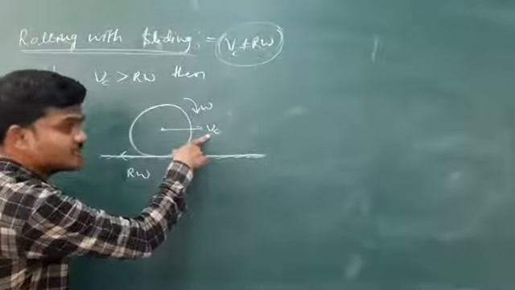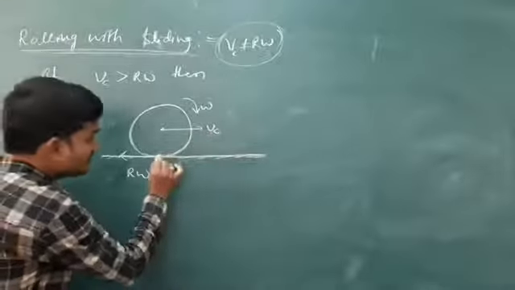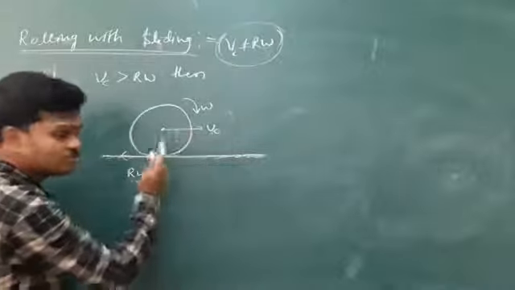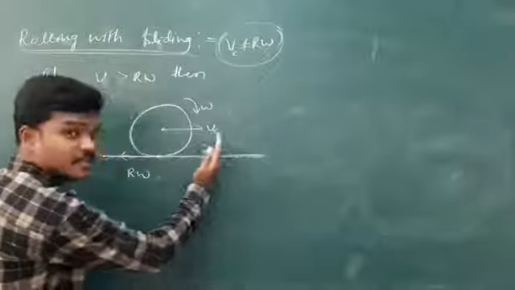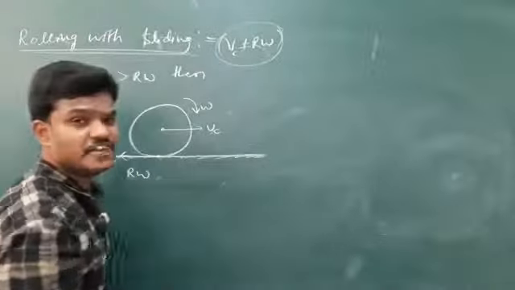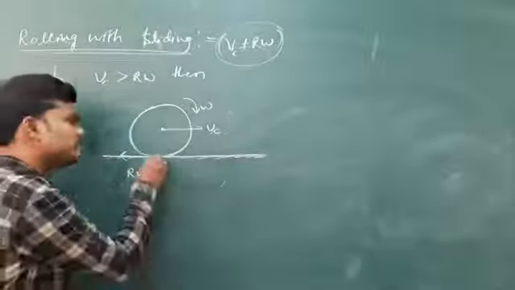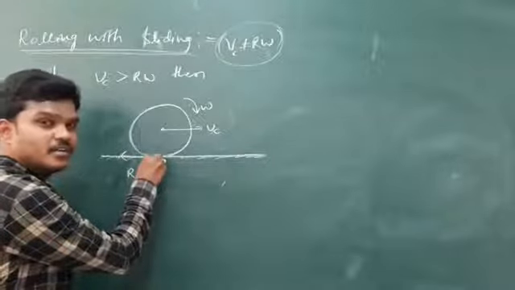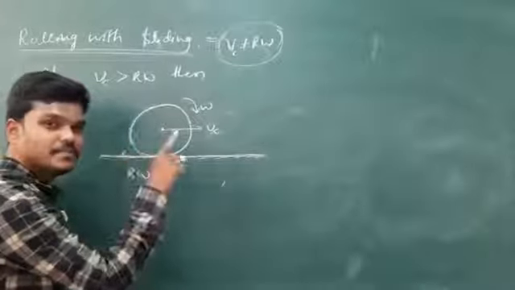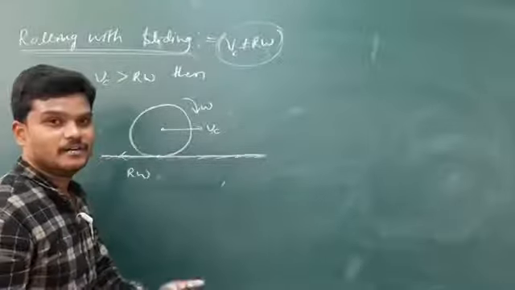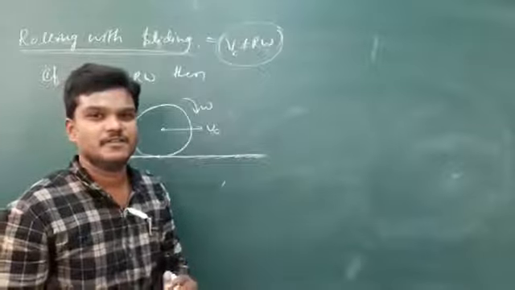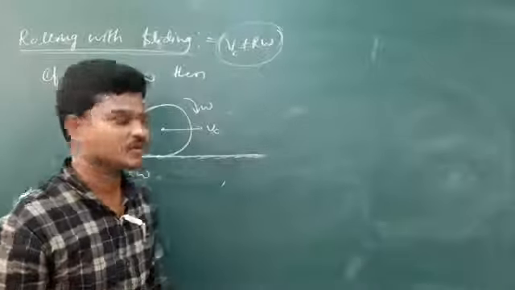If this translational velocity is more, then the point of contact will shift forward. In pure rolling, the point of contact remains the same. That's why there is no kinetic friction. The point of contact remains stationary in pure rolling, as in the previous concept. That's why there is no kinetic or dynamic friction, only static friction.